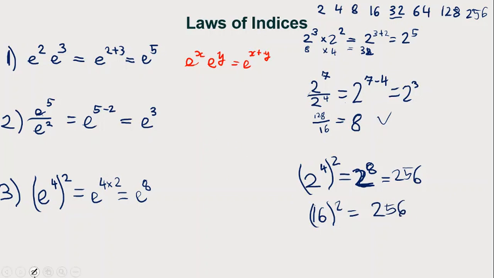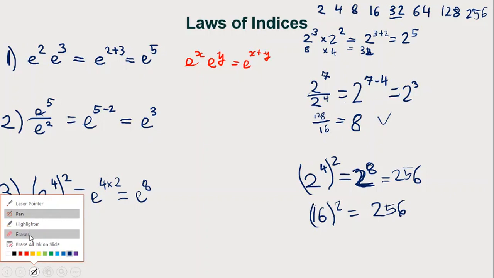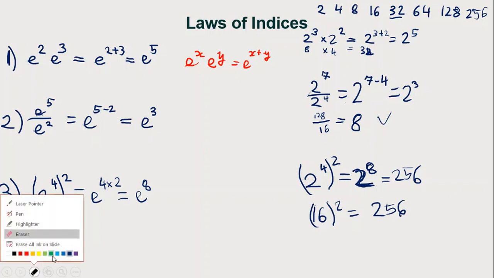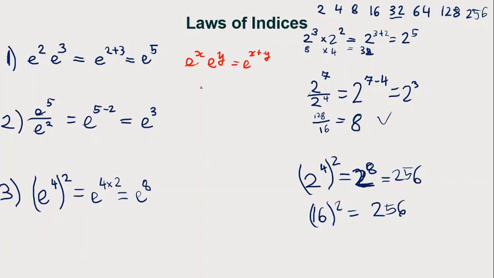And just to give you algebraic versions of these laws, so the laws that actually come up in literature, and the format you should be remembering these laws is that if you have e to the x divided by e to the power of y, then that means e to the power of x minus y. So you take the difference of indices if you had a quotient of terms.